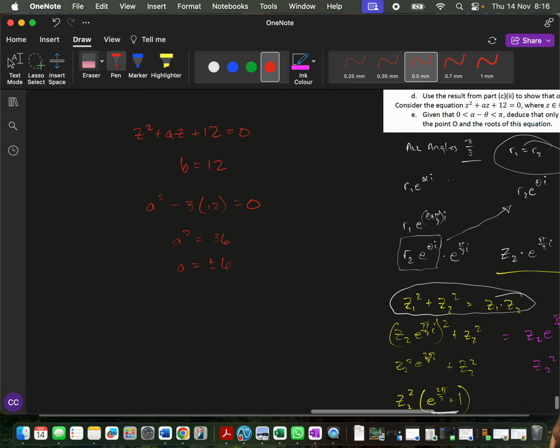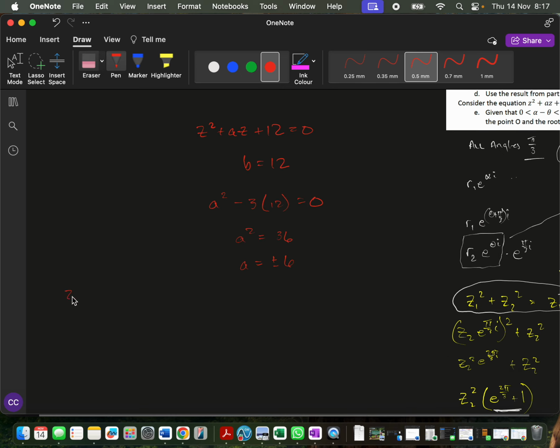That sets up two different equations. The first is z squared minus 6z plus 12 equals 0. The second is z squared plus 6z plus 12 equals 0.